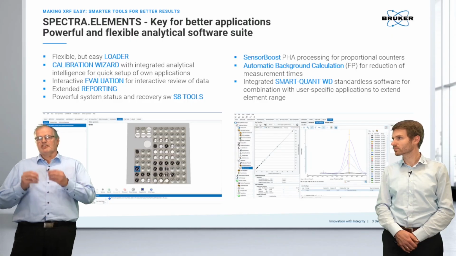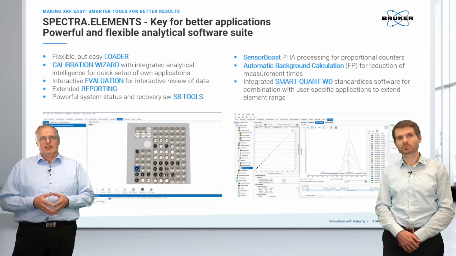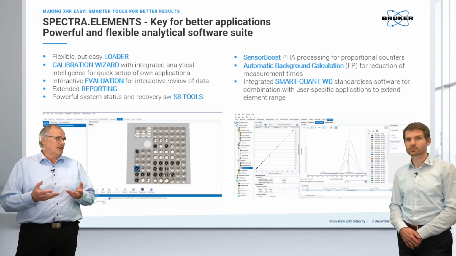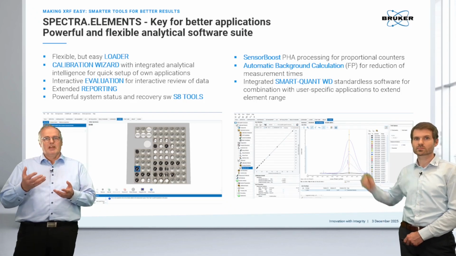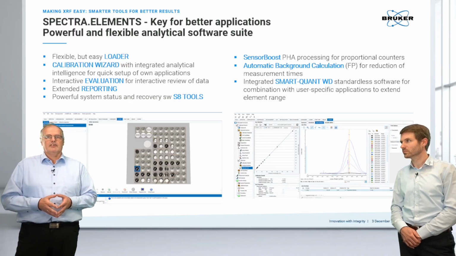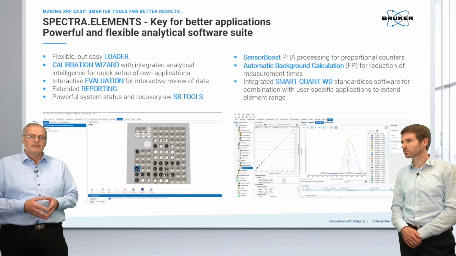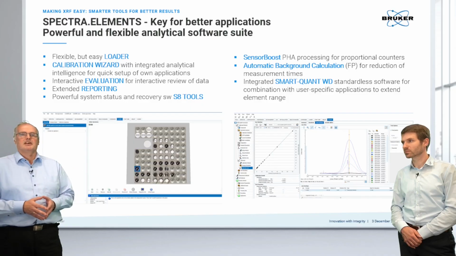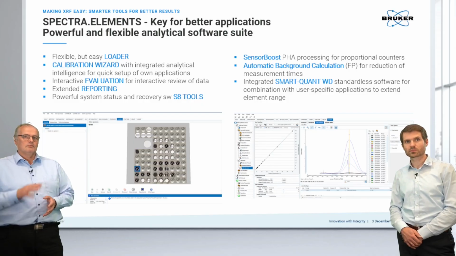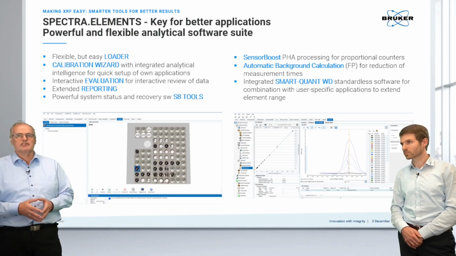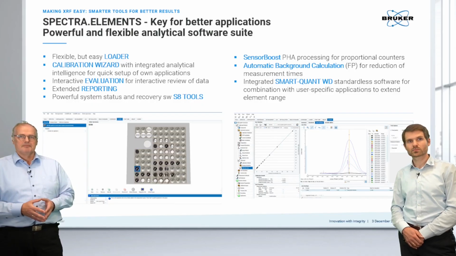Of course, you can always jump into the data you have received from the measurement and do an interactive evaluation. So you are able to enhance the data and evaluate if everything makes sense. And of course, last but not least, you report those results, a single result, or you summarize a bunch of samples. To monitor the instrument operation and the instrument conditions, we also provide tools.